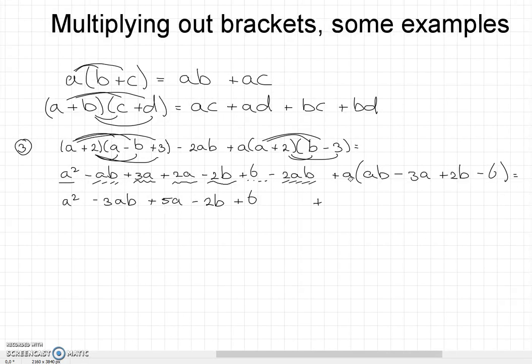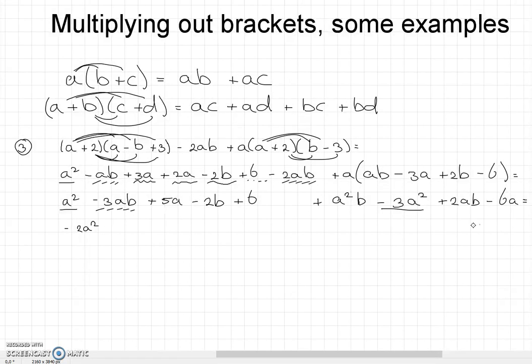Then we multiply a with every one of these terms, so a times ab is a squared b minus 3a squared plus 2ab minus 6a. Let's see if we can collect some more like terms. a squared minus 3a squared is negative 2a squared.